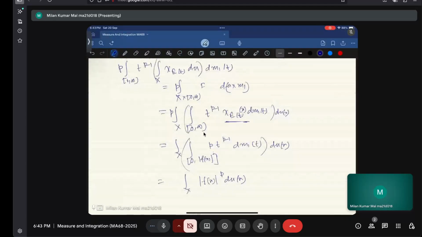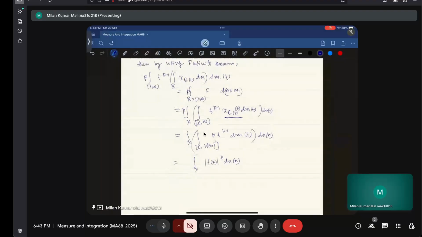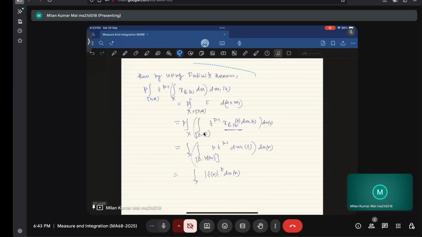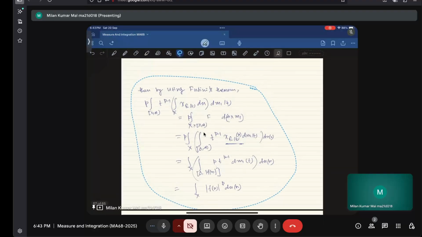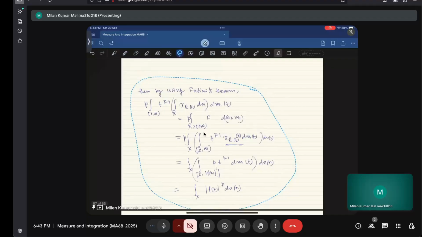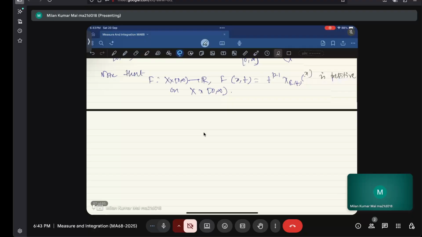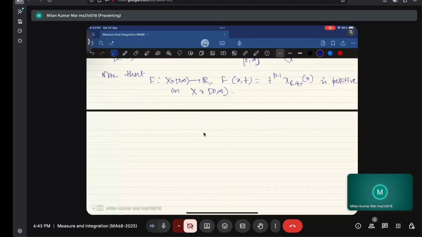Fubini's theorem is very big actually. Okay, let me write Fubini's theorem. This is a very important theorem.